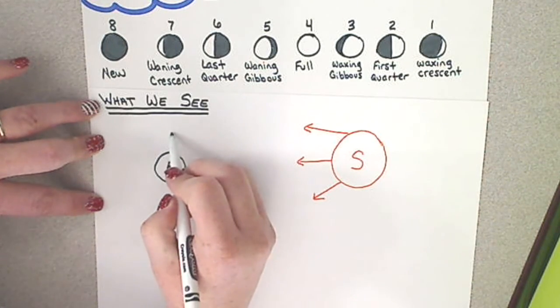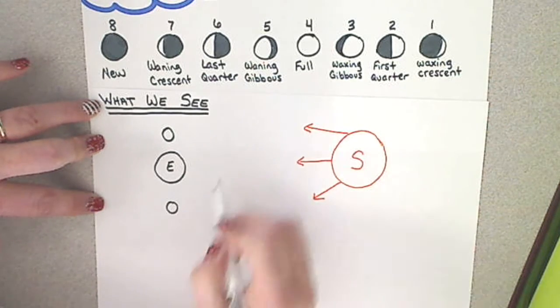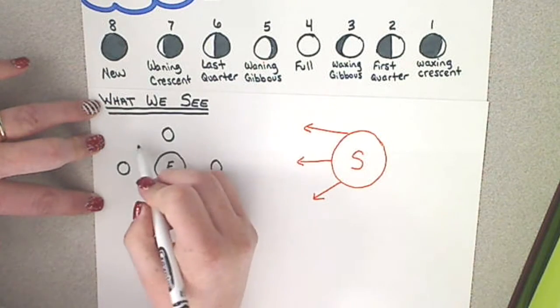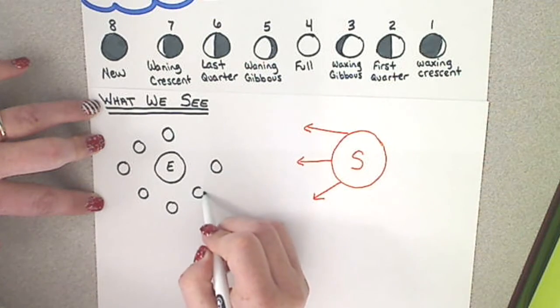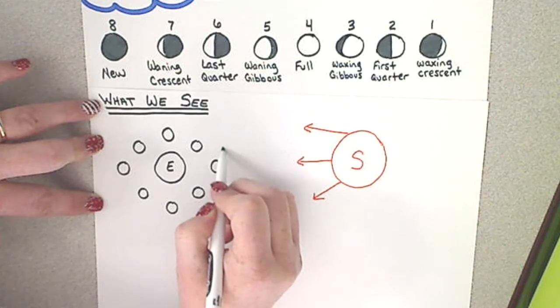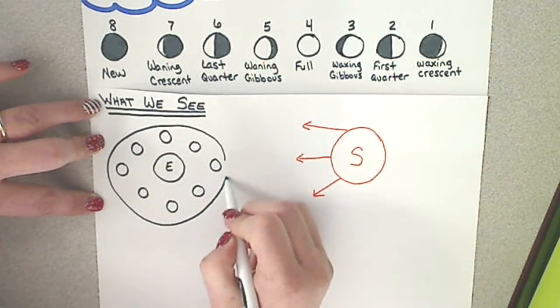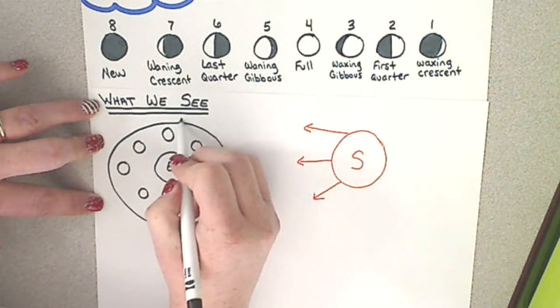And again, we need all of our moons, but this time we're going to draw all 8. So I'm just going to kind of place my first 4 to make this easy, and then I'll put my 1s in the middle. And remember, this is always circling, orbiting the Earth in the exact same way.